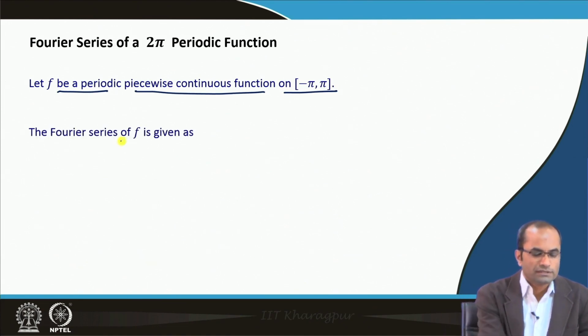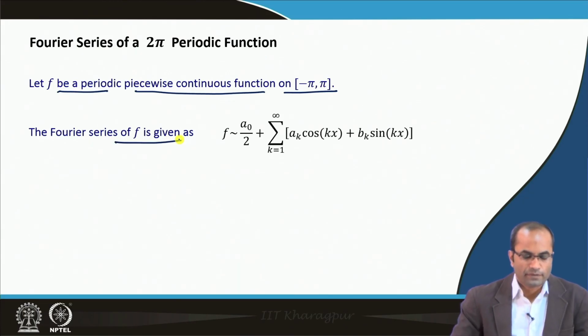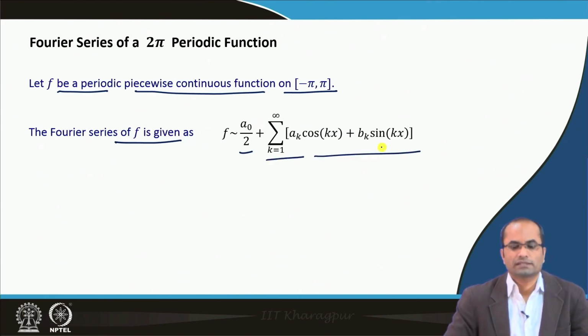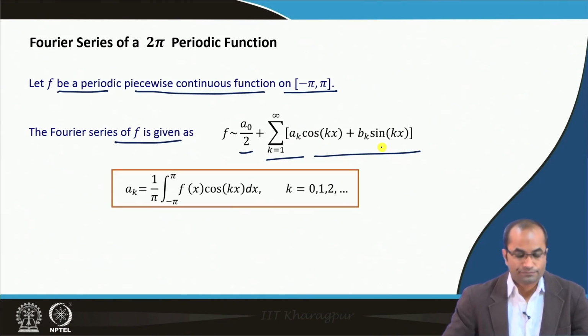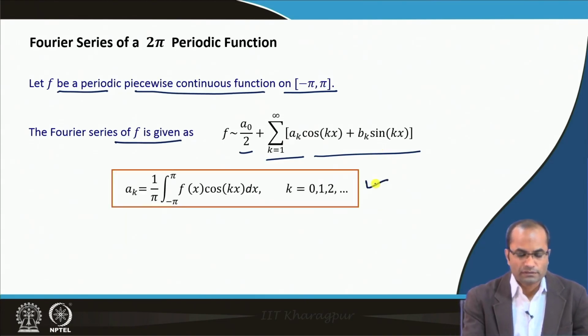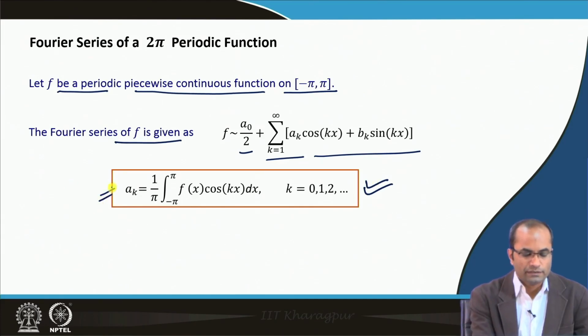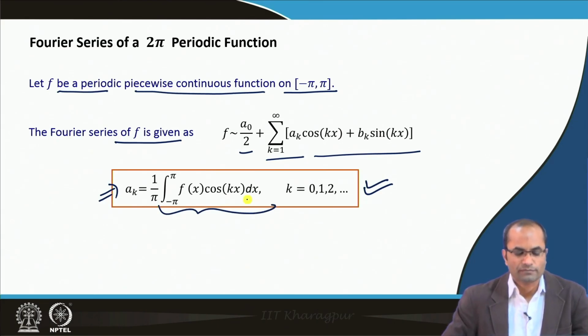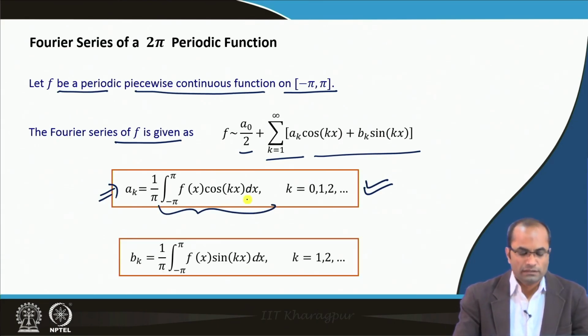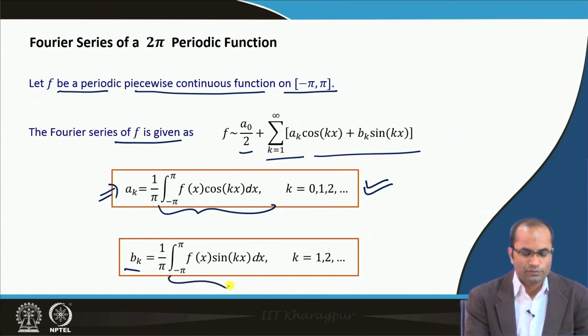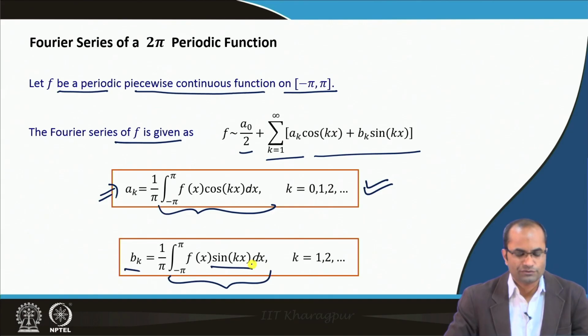Its Fourier series is given by this trigonometric series a naught by 2, and then we have the summation over a k cos k x plus b k sin k x, where the Fourier coefficients a k we can compute by this integral from minus pi to pi of f x cos k x dx, and similarly the coefficients b k we can compute with a similar integral having the sine term sin k x dx, and this k goes from 1, 2, 3 and so on.